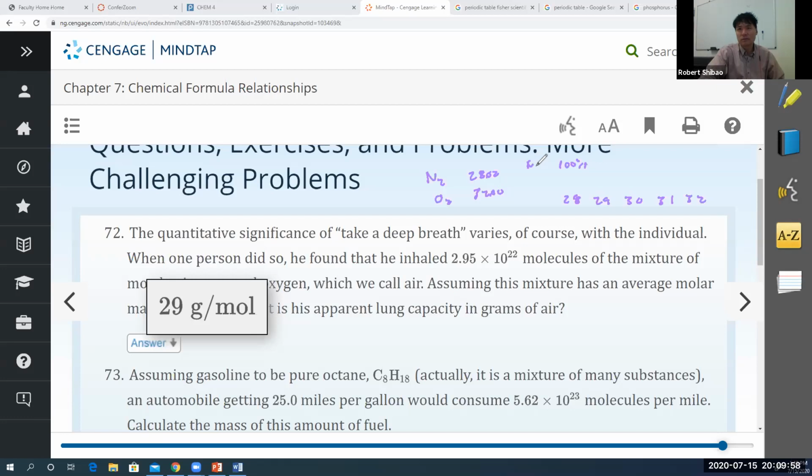We'll do nitrogen over here. If the average is 32, we have 0% nitrogen. If the average is in the middle, we have 50% nitrogen. So it goes 100%, 75%, 50%, 25%. If we look at oxygen, if the average is 28, then that means we have no oxygen, so it's 0%. If the average is 32, it's 100% oxygen.